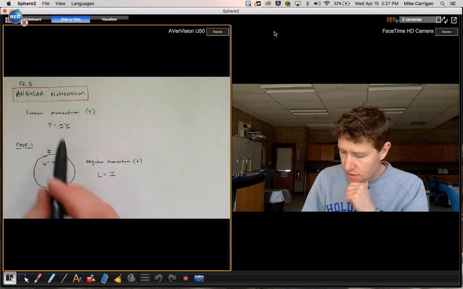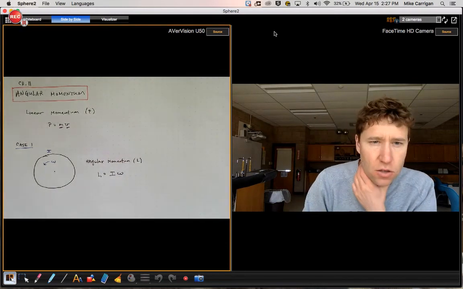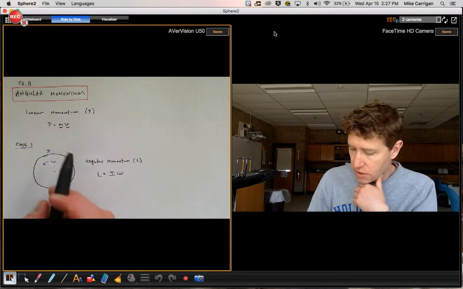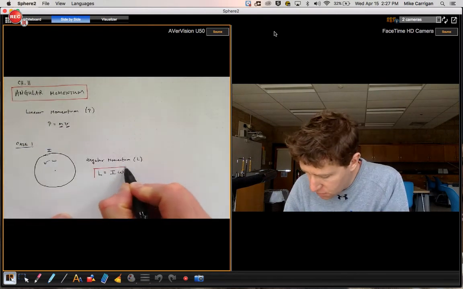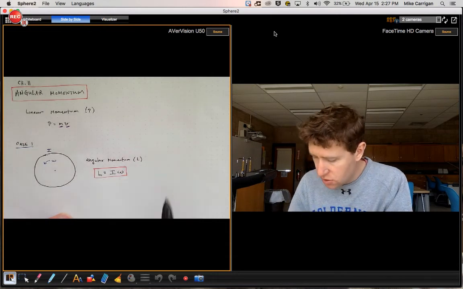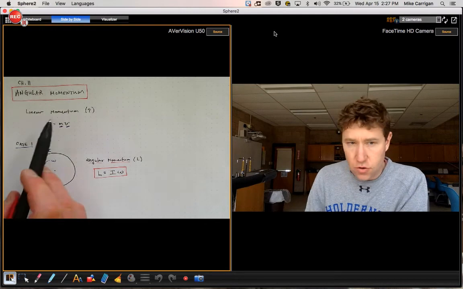So instead of m, we have I, and then instead of v, of course, we have omega, our angular speed. So it's really very much analogous, and that's our expression for capital L. This is a fairly simple, direct translation.